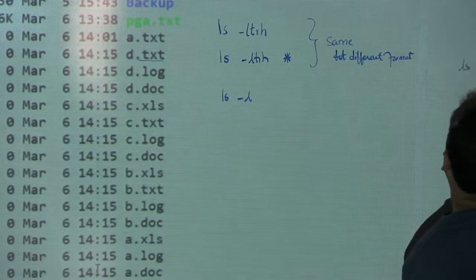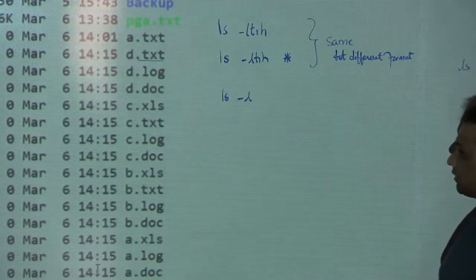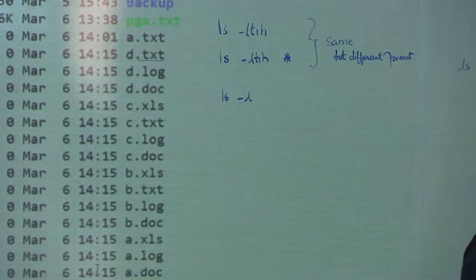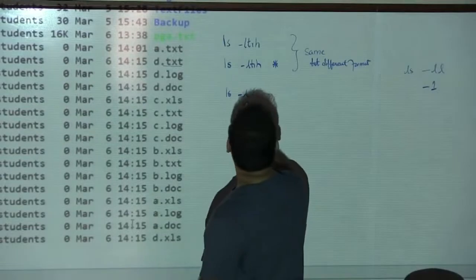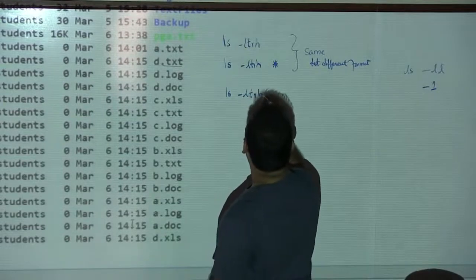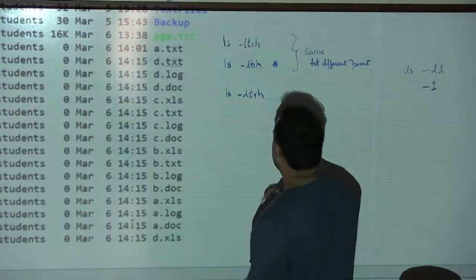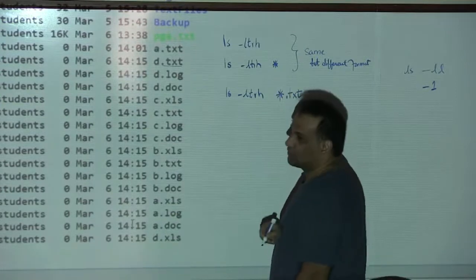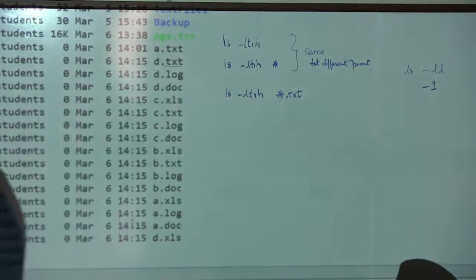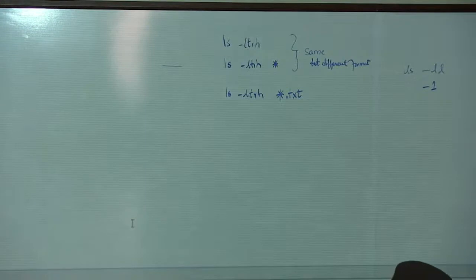With ls, there is ll. If you use the double L, and then you also use -1, we will talk about that later. So if I use ls -ltrh and say, show me everything that ends with .txt, let's try this.